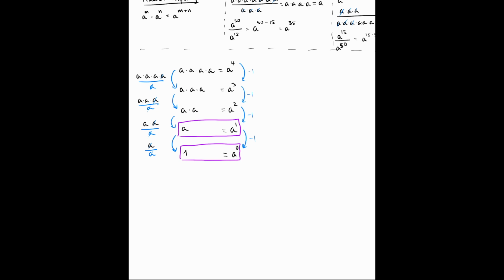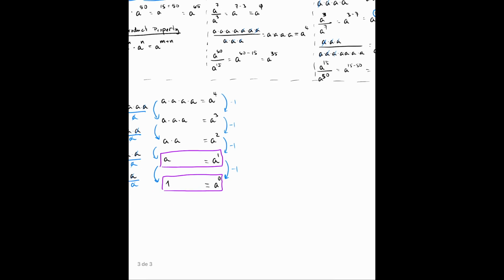Now, I actually forgot to mention the names of some of these things that we are discovering here, but this first statement in the purple box is actually the property of exponent 1.